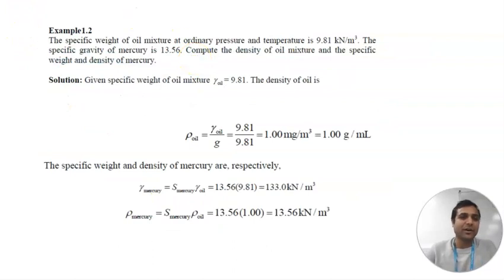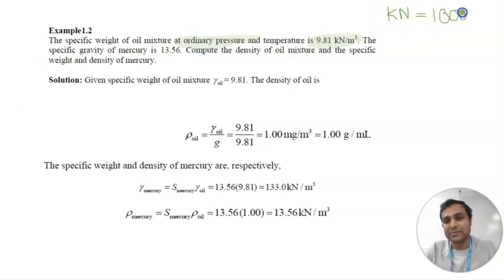Now let's say we have another example where we are given the specific weight of an oil mixture at ordinary pressure and temperature as 9.81 kilonewton, so times 10 to the 3. Remember, kilonewton equals 1000 newton, so you can convert that.